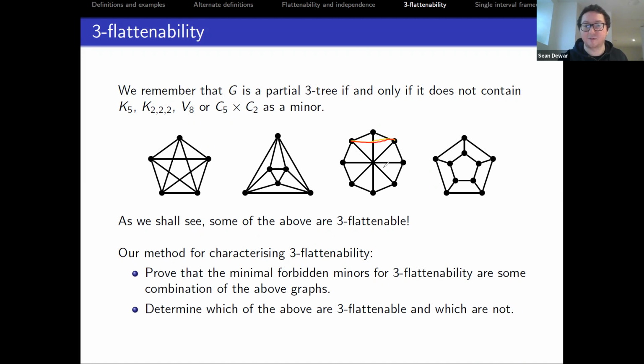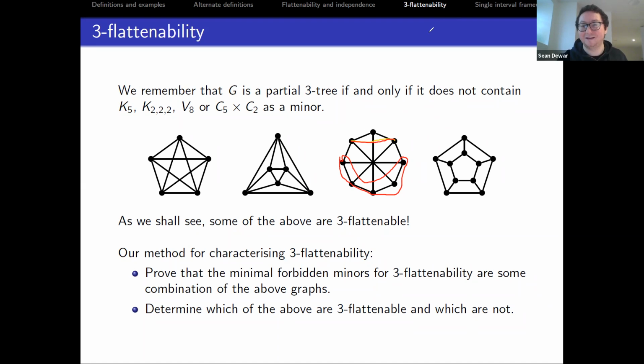So I've just added some edge. And then if I contract all of these edges to be 1 vertex, what I now notice is that this vertex is connected to here, this vertex is connected to here, and this vertex is connected to here. So when I contract it, I've got a K5.